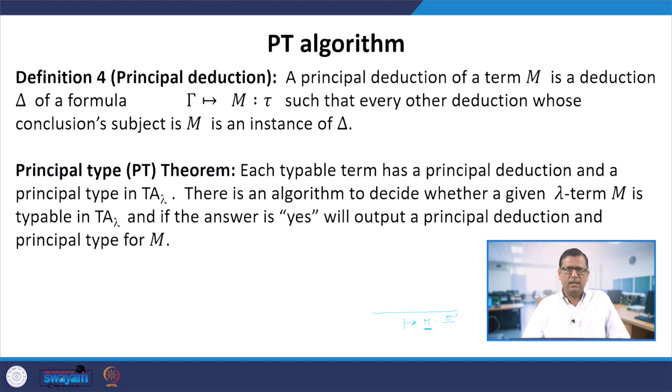And if the answer is yes, we will produce a principal deduction and a principal type for M. So what we have obtained from this theorem is that given a lambda term M, if it is typeable, then there will be a principal type, that is the most general type, and correspondingly there will be a principal deduction. And then there is an algorithm which is going to return this principal type and the principal deduction for M.